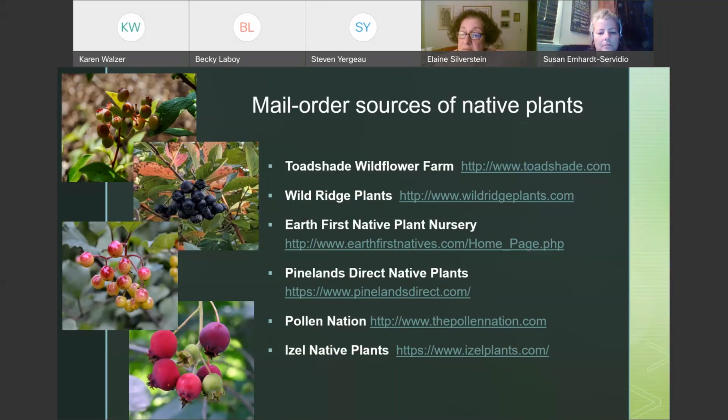Someone wants to know if you have any favorite native biennials that you can recommend. Erigeron, daisy fleabane, is a biennial. There are a couple of species, and at least one of them is a biennial. The tall plant with yellow flowers is an Oenothera.